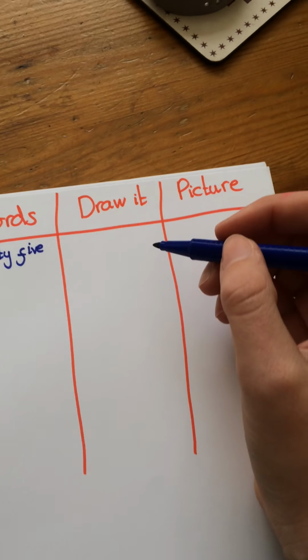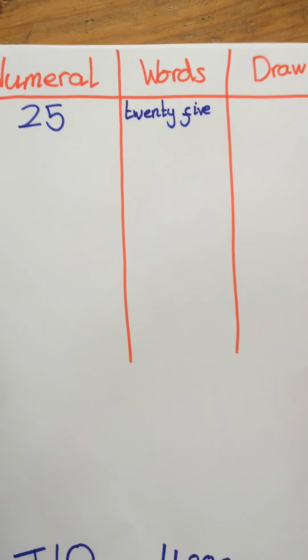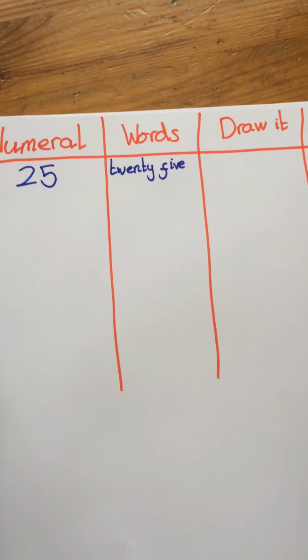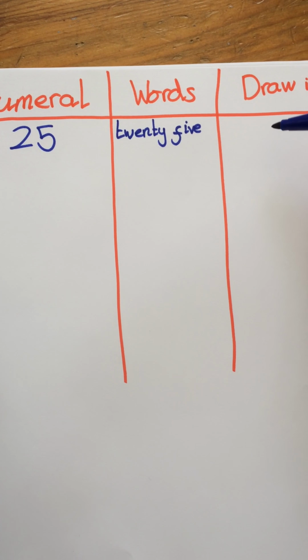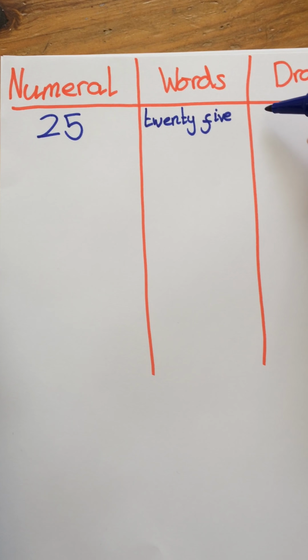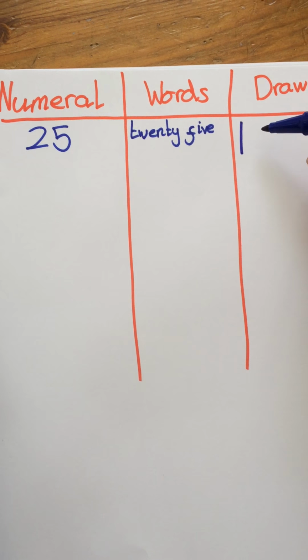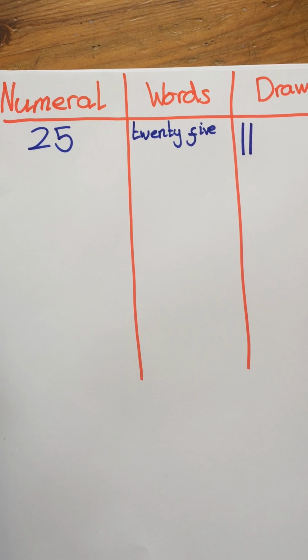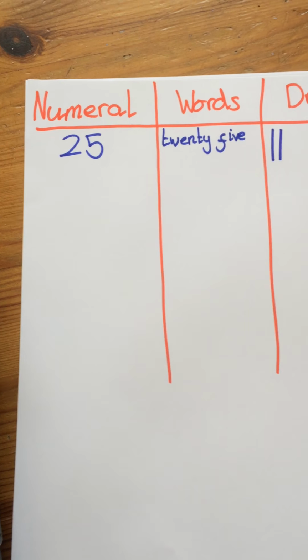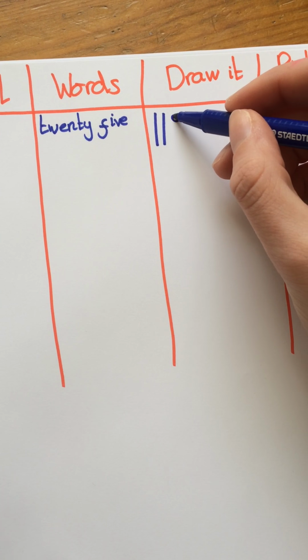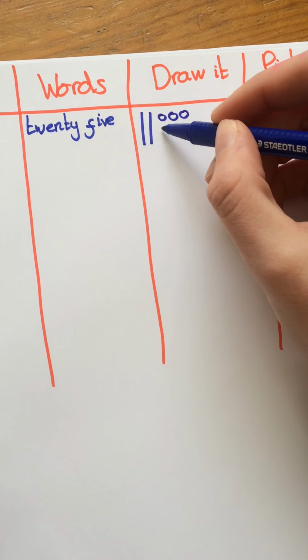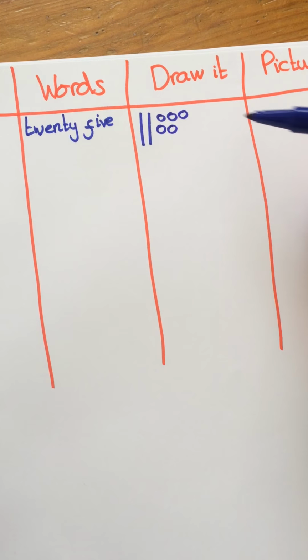Or if you're feeling like you really want to stretch your brain, you could try and count in tens to make the number. So that would be really good to practice counting in tens as well. So we'll do the tens first. So we'll go 10, 20. We know that we've got 20 there, and we want it to be 25. So we'll say 10, 20, 21, 22, 23, 24, 25.